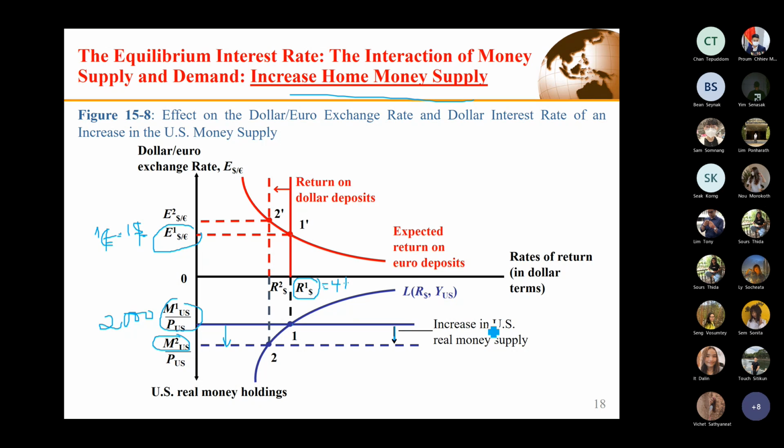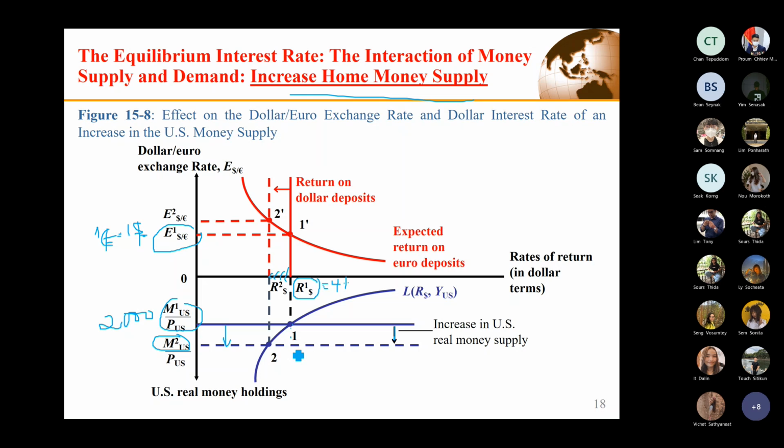So what happened in the money market, as we learned in the previous slide, is that the interest rate will drop from R1 to R2, because at the point R1, the money supply is bigger than the money demand.